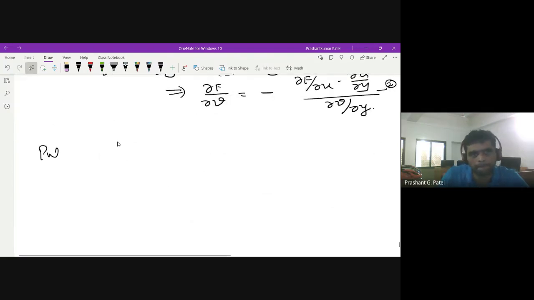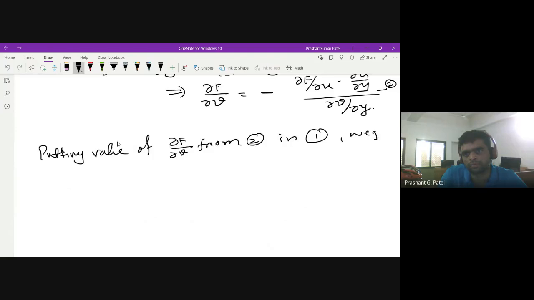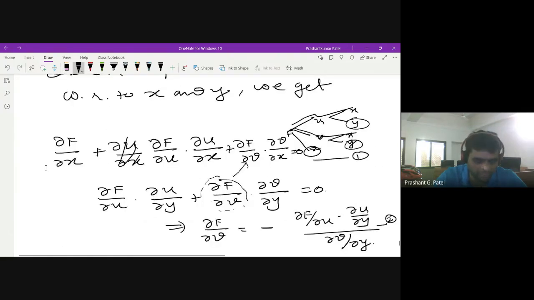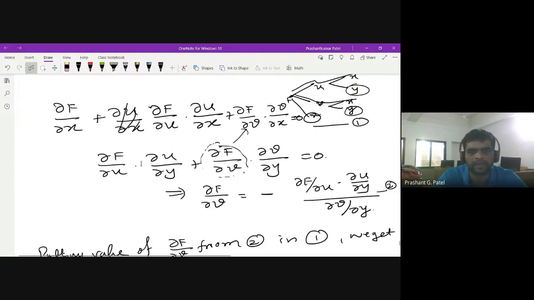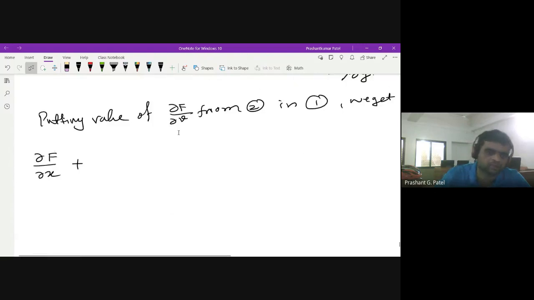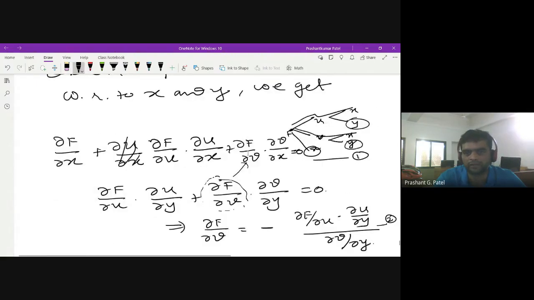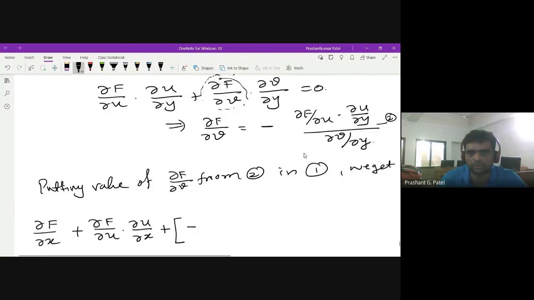Putting the value of ∂F/∂v from 2 in 1, we get ∂F/∂x plus ∂F/∂u into ∂u/∂x, plus minus ∂F/∂u into ∂u/∂y upon ∂v/∂y, into ∂v/∂x, equal to 0.